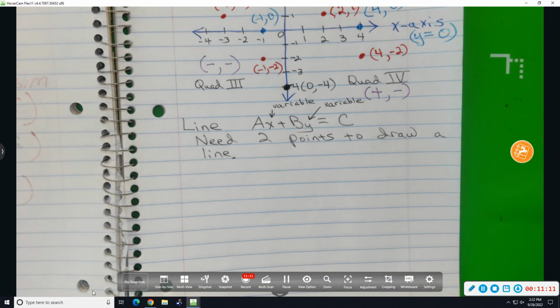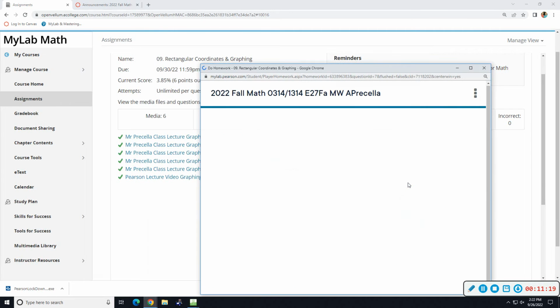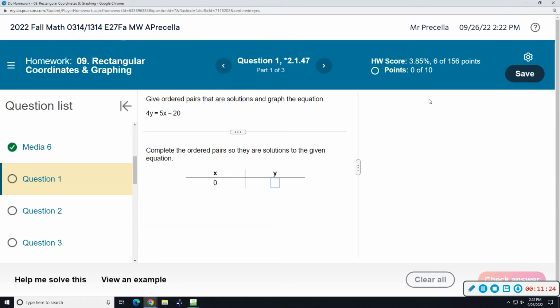So, we'll look at number 1 from homework 9. Give ordered pairs that are solutions and graph the equation. They give us an equation, and notice they're giving us a table of values. We're going to be generating ordered pairs, and eventually draw the graph.